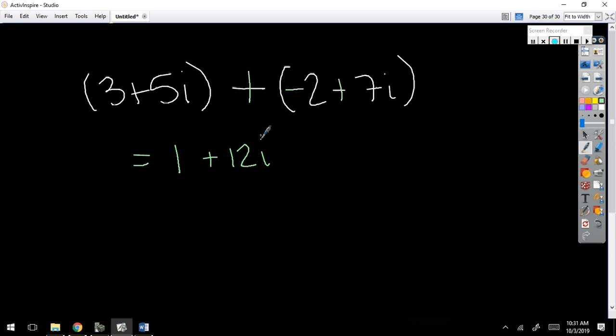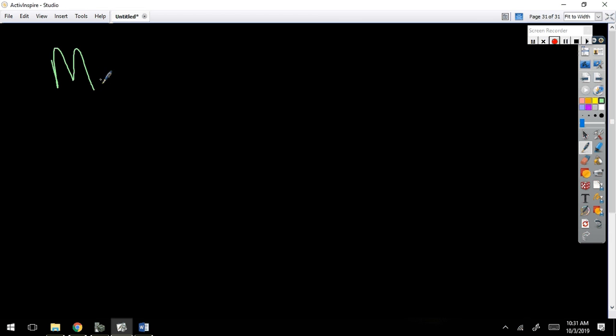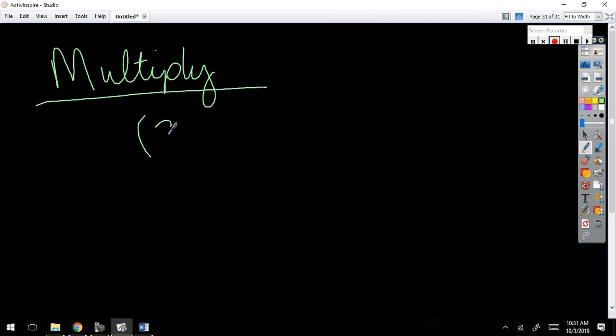Let's do what y'all wanted to do. Let's take these same two complex numbers and let's multiply them. So let's take 3 plus 5i times 2 minus 7i.